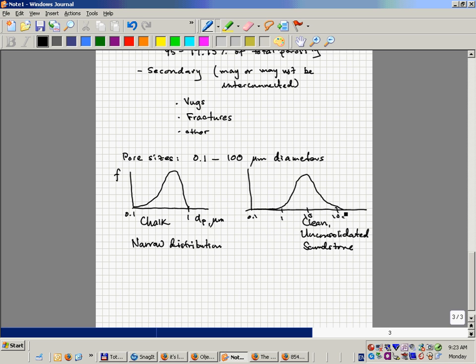Whereas the sandstone looked more like this. Maybe a better quality sandstone looked like that.